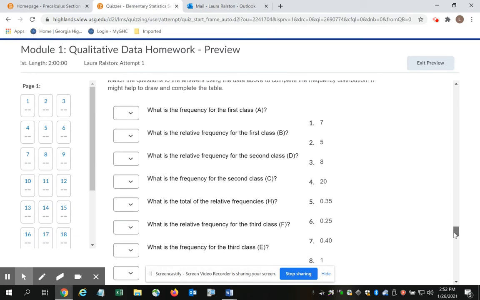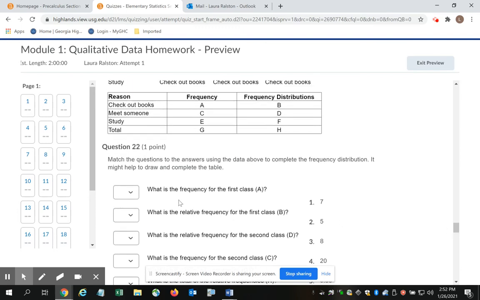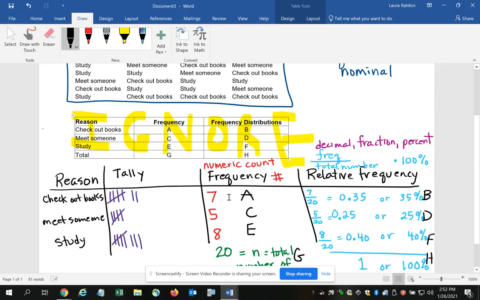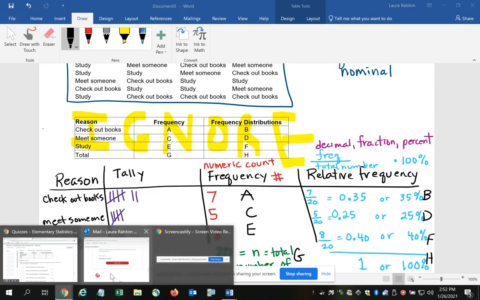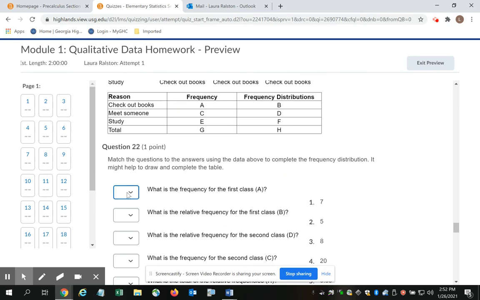It's set up in 2 columns. You have the questions on the left and the choices on the right. It says, what is the frequency of the first class, which corresponds to letter A? Well, you have to pay attention here, the frequency is the count, which was 7. So I'm going to match that to number 1. What is the relative frequency of the first class? That's B, again, because it's asking you for the relative frequency.